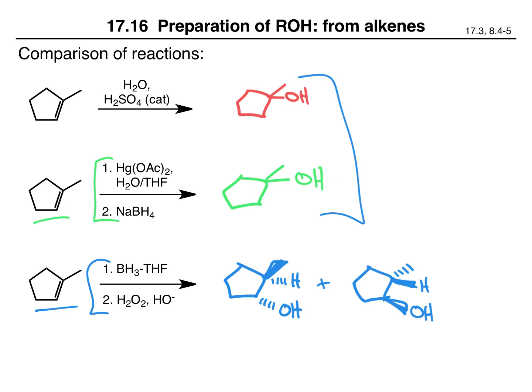Because there's no carbocation, there's no risk of carbocation rearrangement. And then in this case, with hydroboration oxidation, because of how the borane adds, the H and the B become connected to the same face, and we're looking at non-Markovnikov addition as well. So, a few options to prepare alcohols from alkenes.